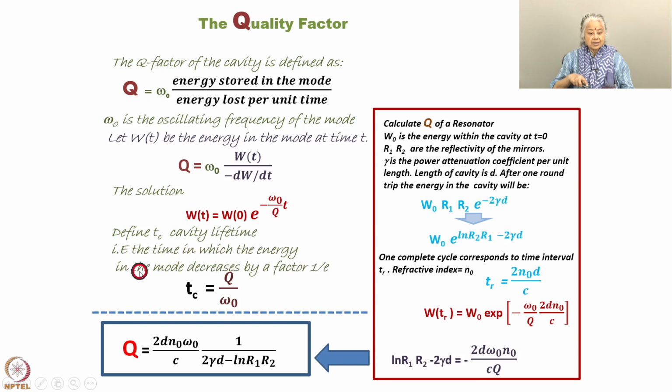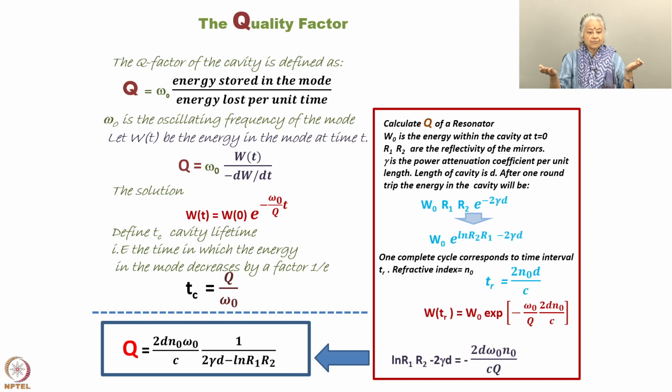Now, why do I describe such a quantity? I want to describe this quantity because when I am storing all this energy in my resonator cavity, all I have to ensure is that most of this energy remains in the cavity till a round trip time, or if not a round trip time, till the time the total energy is extracted out in the laser pulse.